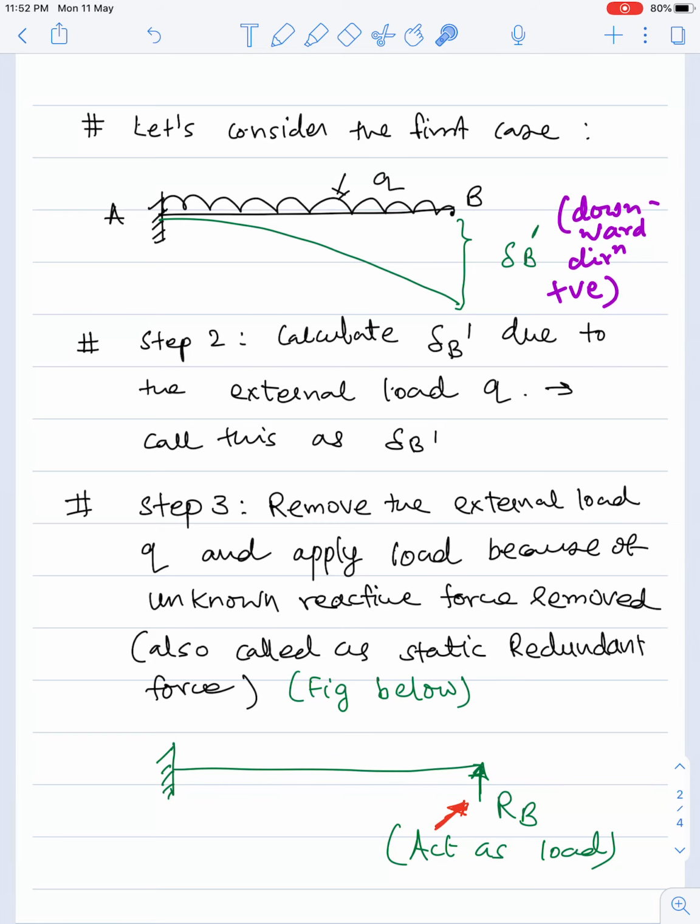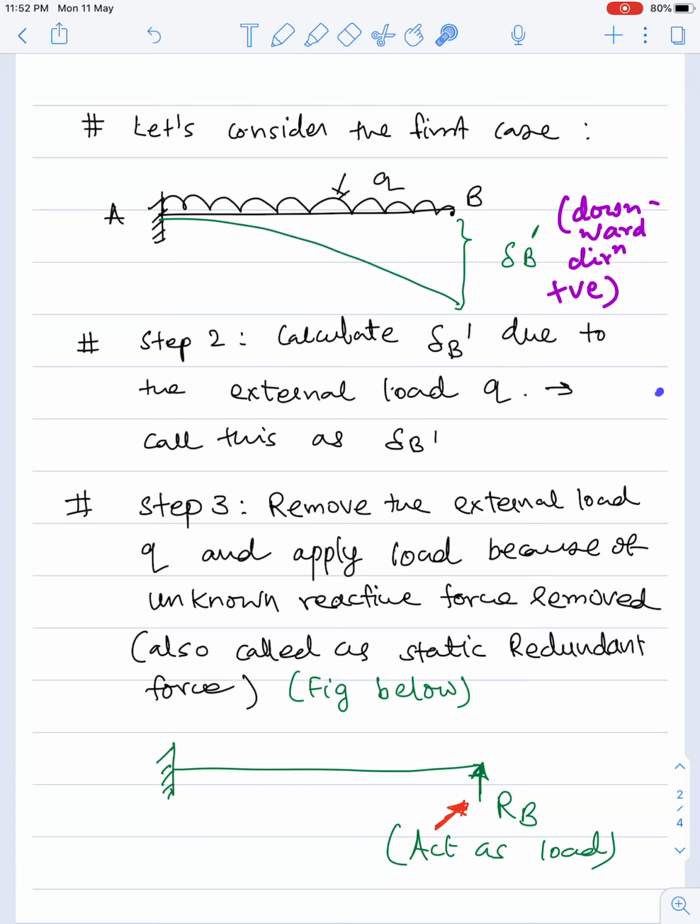Now we apply the load because of the unknown reactive force which we have removed previously, which is RB. This force is also called the static redundant force.